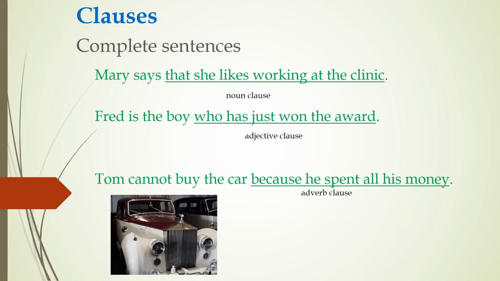Fred is the boy who has just won the award. Here we have the adjective clause, and we've added to it to make a complete sentence. Tom cannot buy the car because he spent all his money. So now we would understand this. If I walked up to someone and said, Tom cannot buy the car because he spent all his money, the person would know exactly what I meant by that.